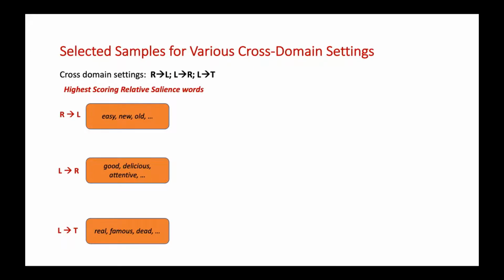What this essentially tells us is that these are the sentiment expressions that emerged as being more representative of the target domain. For example, the words delicious and attentive are sentiment expressions that are more likely to occur in the restaurants domain, especially when compared to the laptops domain.